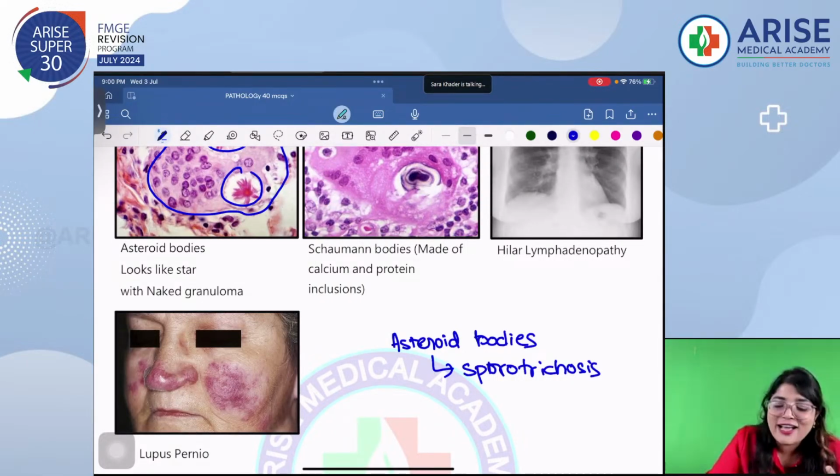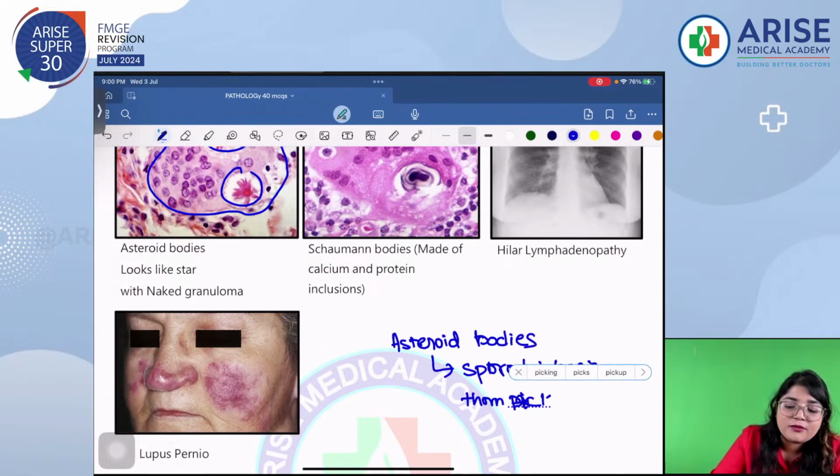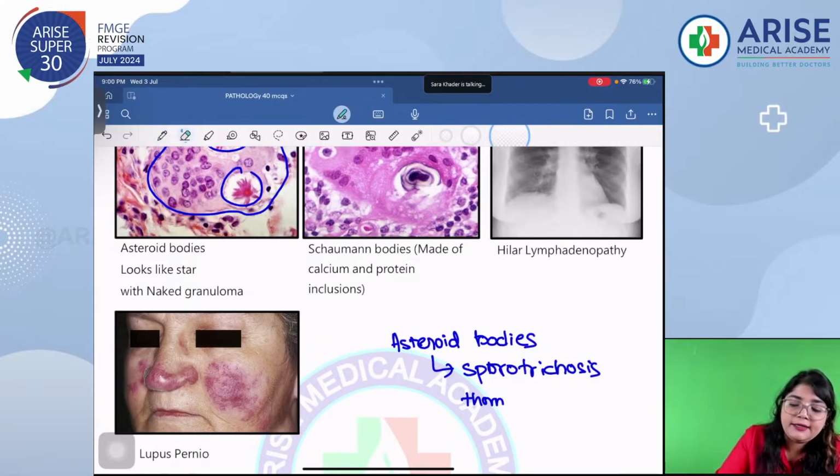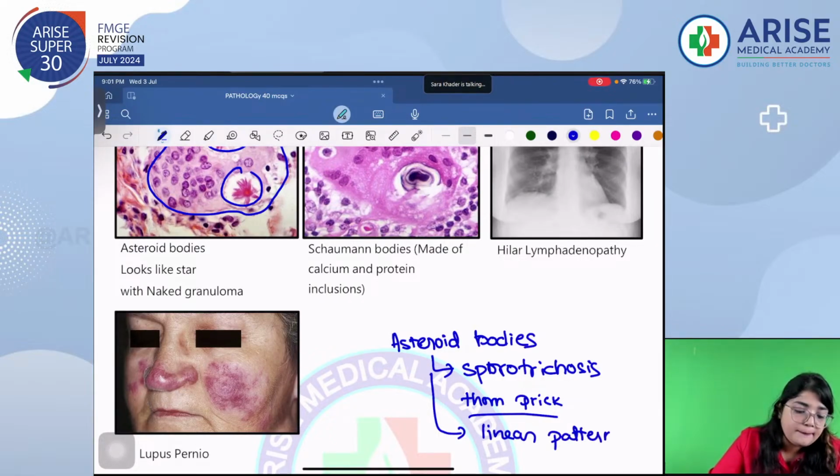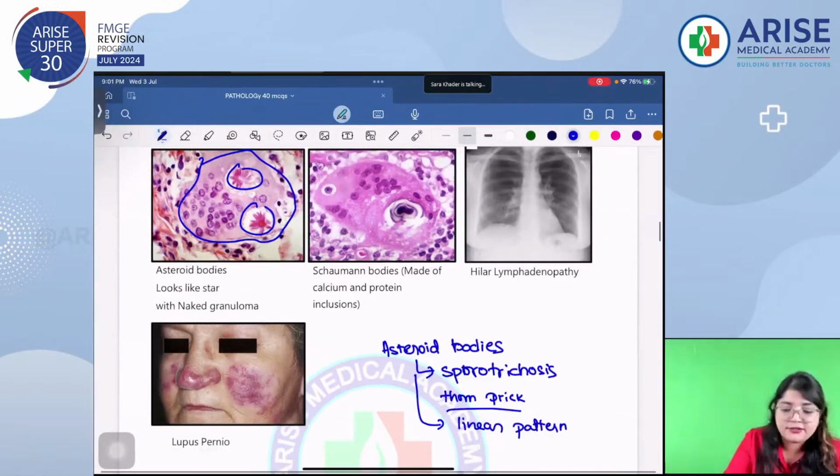It's very common around Valentine's Day because of thorn prick. Also remember that the lesions follow the lymphatics, so there is a linear pattern of the lesions here, right? Yes, it is also known as Rose Gardener's disease.